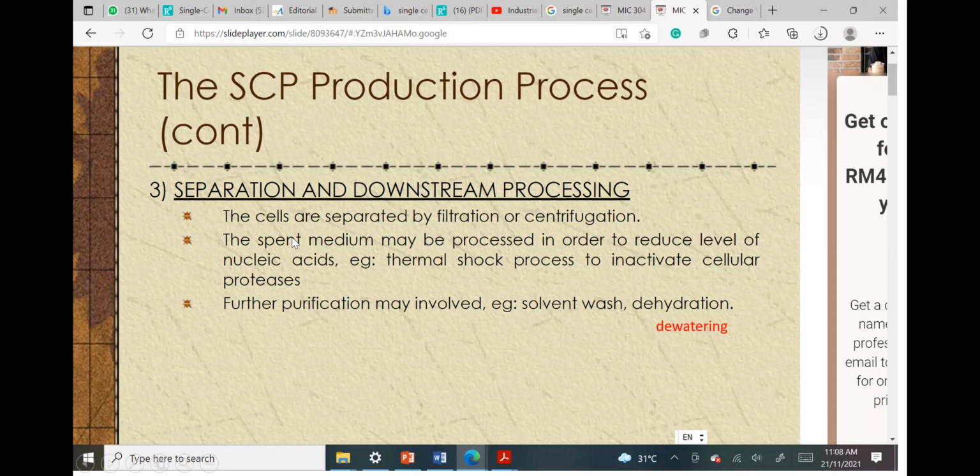toxicity and allergy for humans. Sorry, the spent medium most likely will contain the protein that we wanted to have.